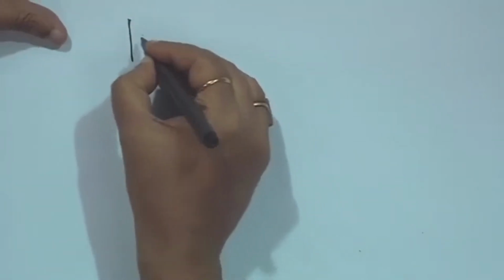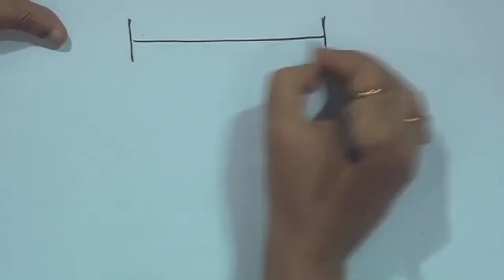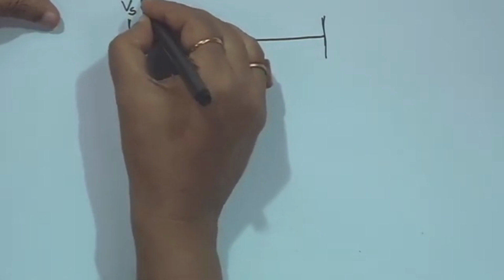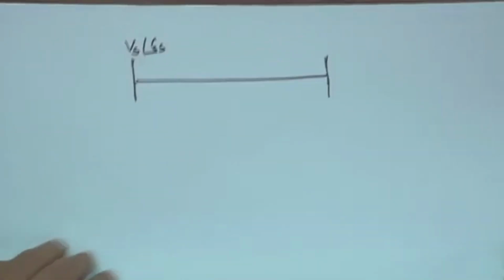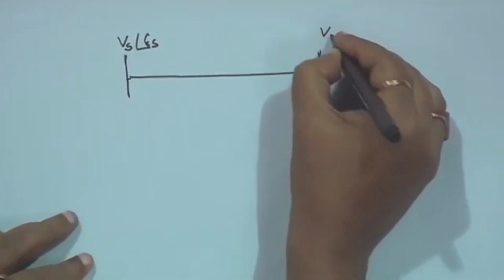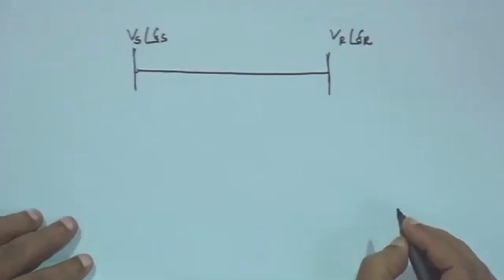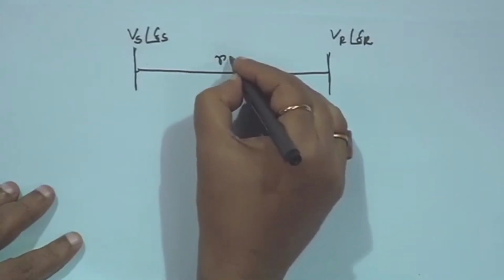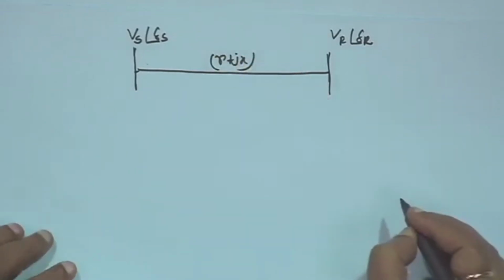This is the sending end and this is the receiving end. The sending end voltage is V s with angle delta s, and this side is V r with angle delta r. And this line impedance, say I am putting r plus j x, is the total impedance of the line: this resistance, this reactance.